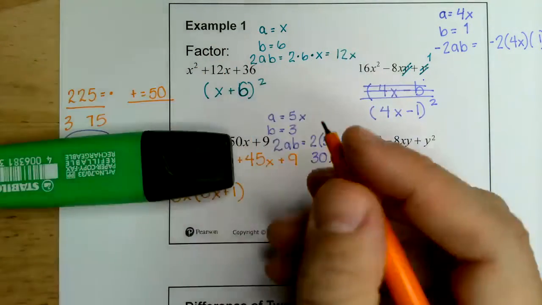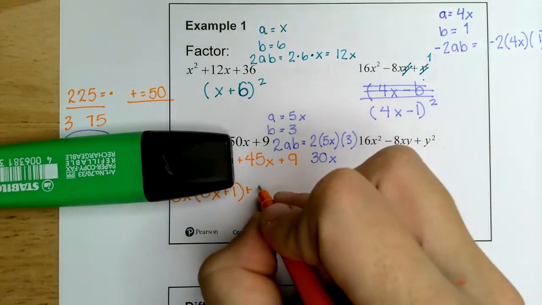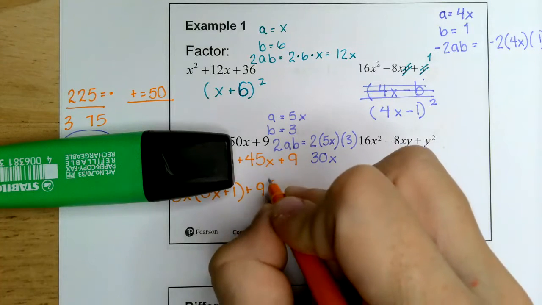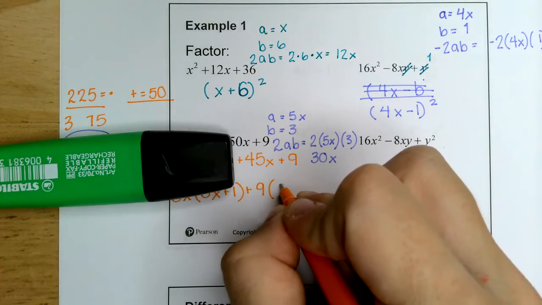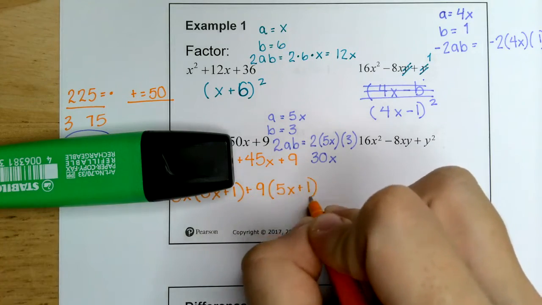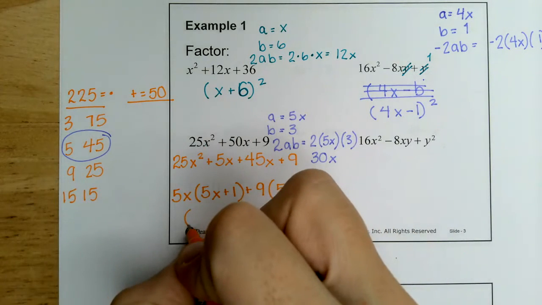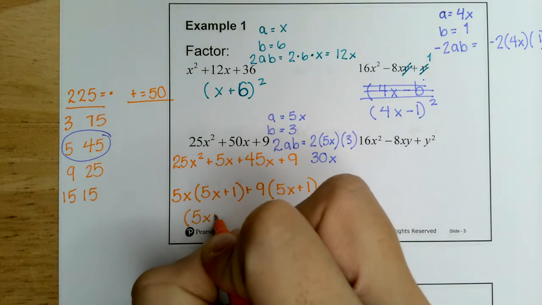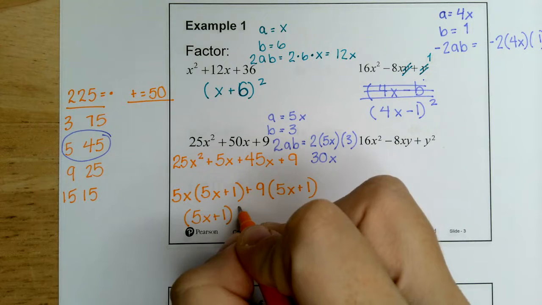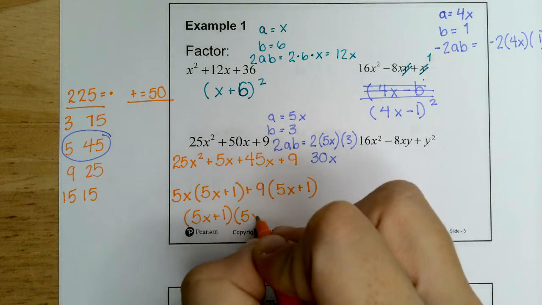Second half is a positive, so I'll put a plus right now. 45x and 9. You could divide them both by 9, right? 45x divided by 9 is 5x. 9 divided by 9 is 1. So our common factor here is 5x plus 1. And we're going to multiply it by, so no sign in between, 5x plus 9.